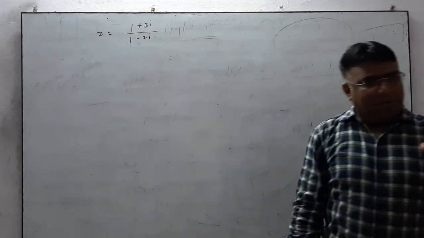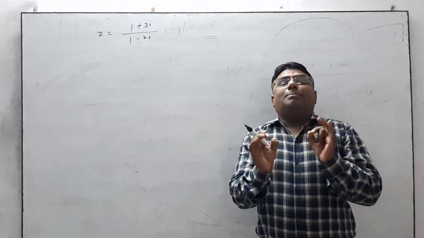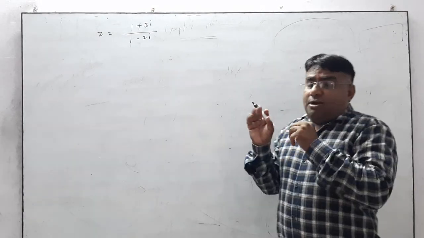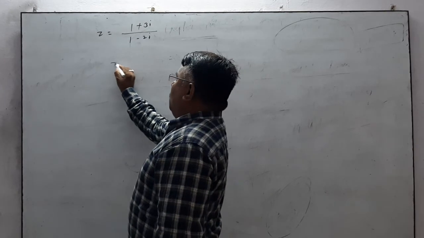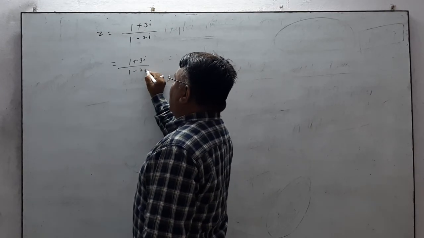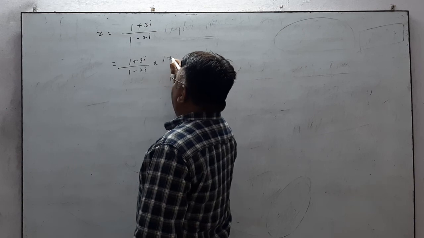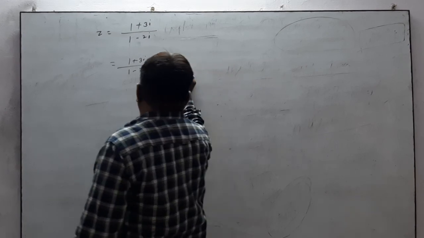First thing, if any complex number is in division form, first convert it to the form a plus iota b. To convert it to a plus iota b form, rationalize. So 1 plus 3 iota upon 1 minus 2 iota, multiplied by 1 plus 2 iota upon 1 plus 2 iota.